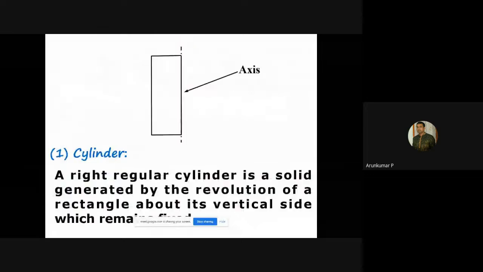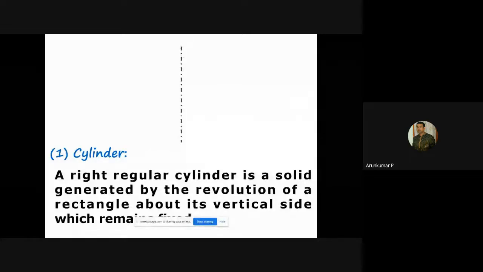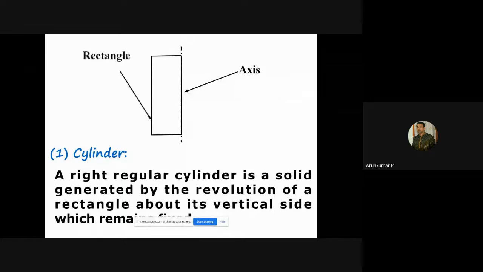By solids of revolution, what is meant is this. If you think of a cylinder, how you get the cylinder is if you have an axis like what you see on the screen, and about the axis, if you have a rectangle, say on the left or on the right of the axis, and you rotate this rectangle in clockwise or anti-clockwise direction by 360 degrees, then you will get a cylinder.